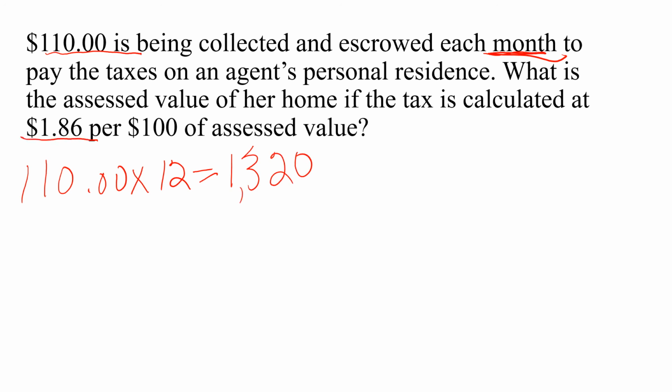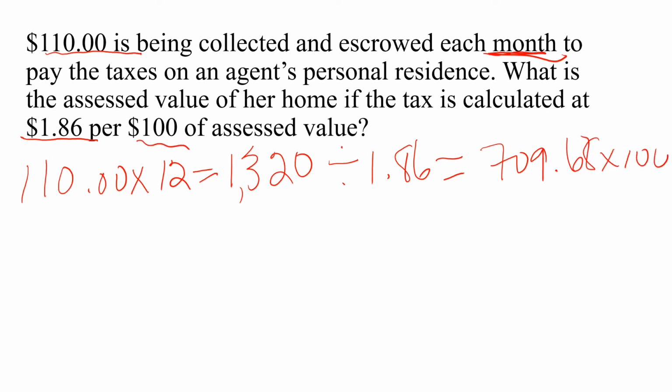Divide that by our tax rate, which is a great tax rate. That one's pretty low, isn't it? Equals 709.68 per 100. So we multiply it by 100 to give us our answer of $70,968 is the assessed value of her home.